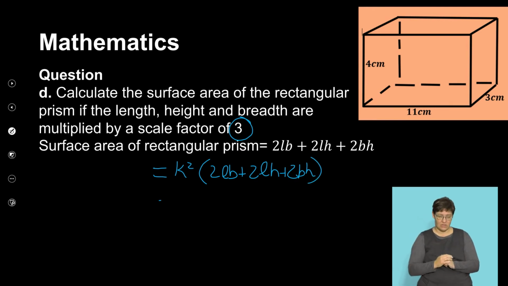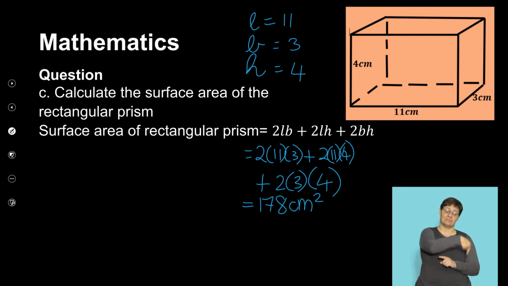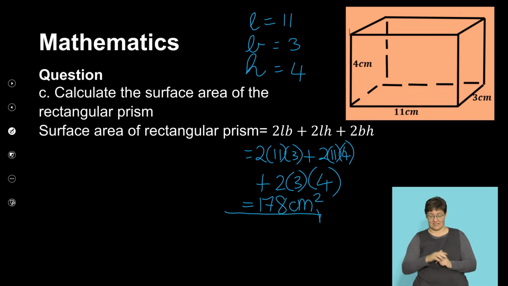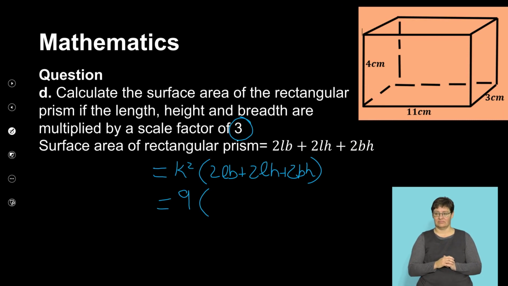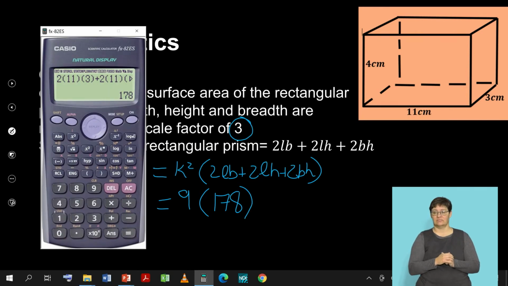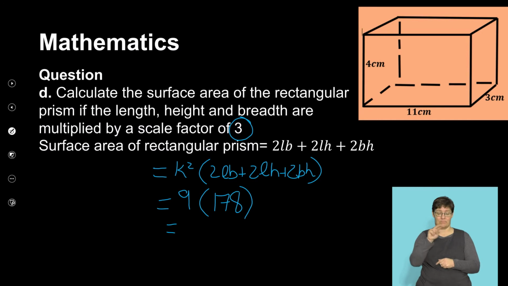So my scale factor squared will be 9, because it's 3 squared, and I'm going to multiply it by my original surface area, which is 178. So I'm going to have 9 times 178 in order to find my new surface area, which is 1,602 centimeters squared.